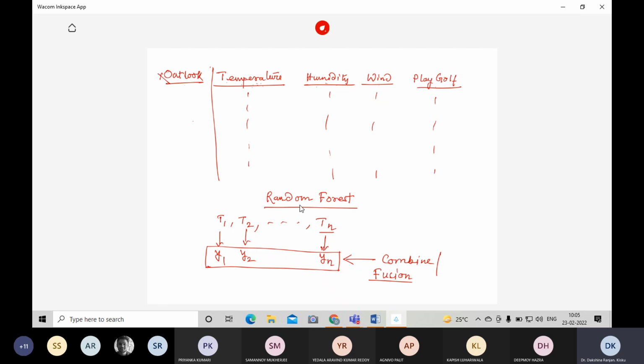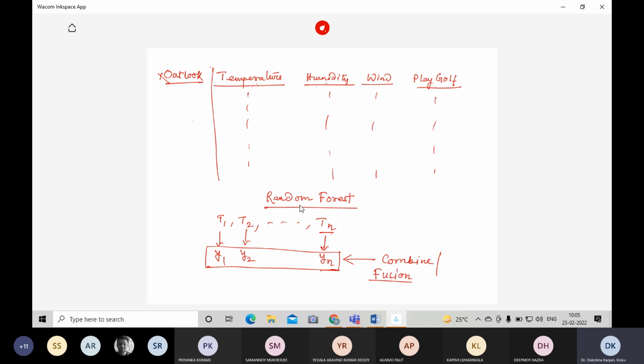So when we design a predictive model using random forest, we will create a number of decision trees, and we will compute the decision trees for n number of outcomes, and whenever we get the n number of outcomes, we will go for the fusion of these n outcomes.